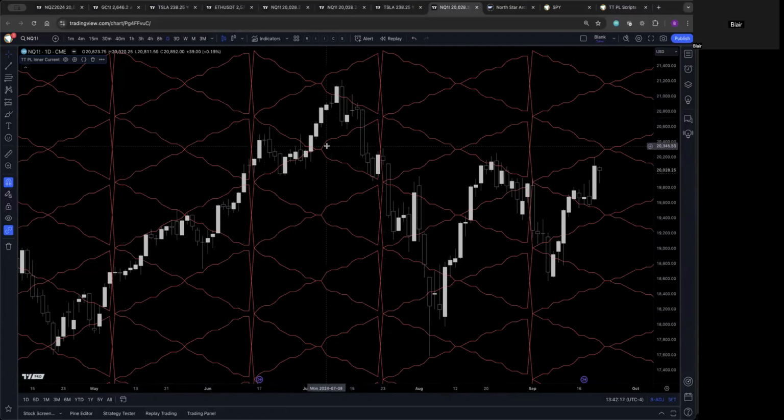However, breakdowns on the bottom right of the diamond tend to continue down. There's 1, 2, 3 breakouts down here. And then we got a reversal where we recovered this bottom right side of the diamond.